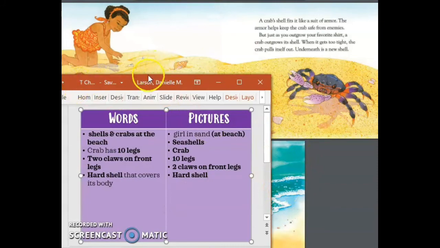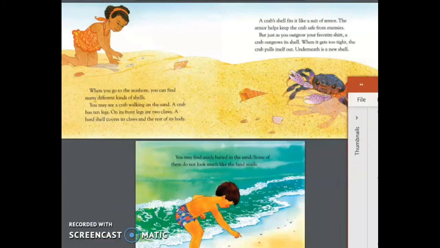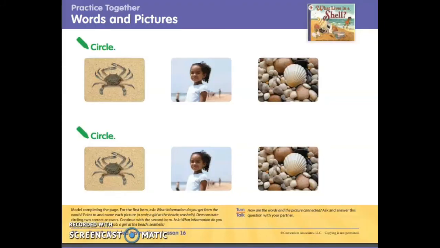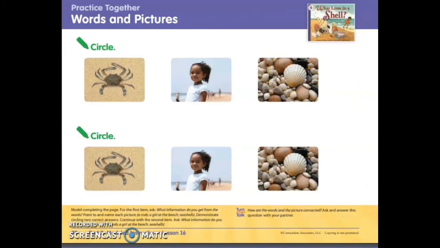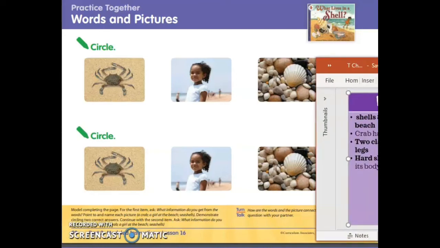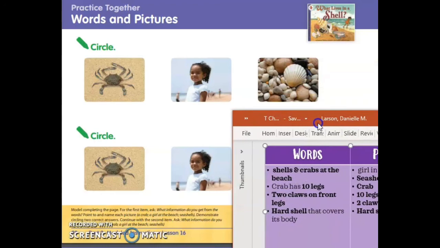So we are going to look in our reading workbook. The first question says, what information did you get from the words? So I'm going to move my T-chart over to help us. What information did you get from the words?